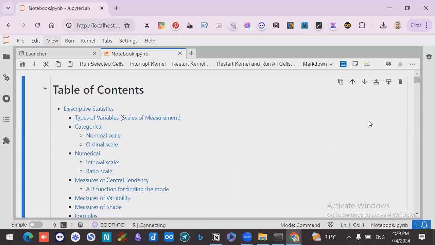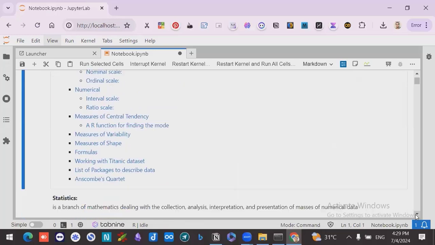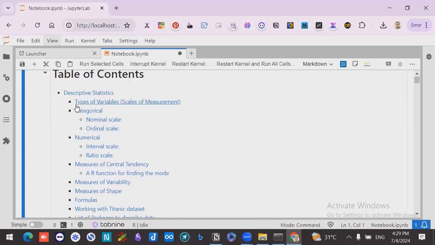First, let's try to understand what concepts we have to learn in the table of contents. We should be able to understand descriptive statistics, then move ahead with understanding the types of variables and scales of measurement.